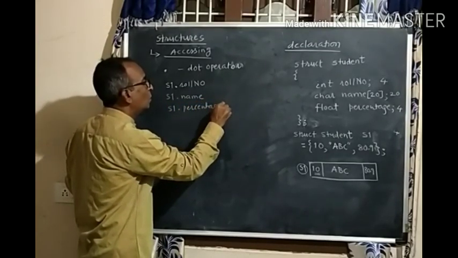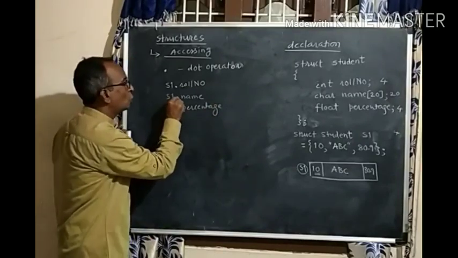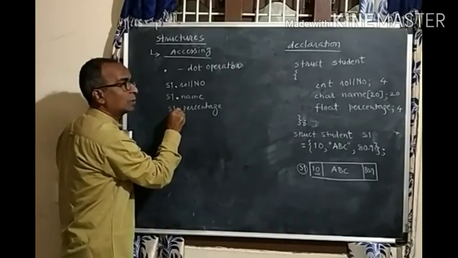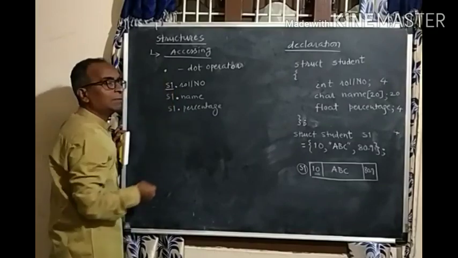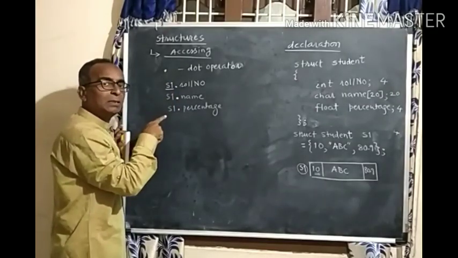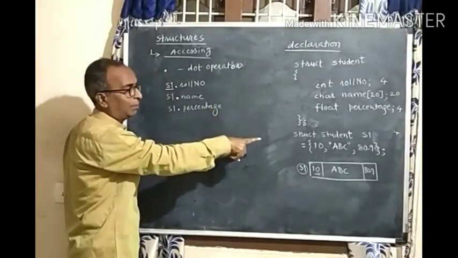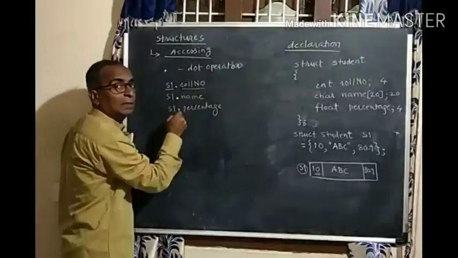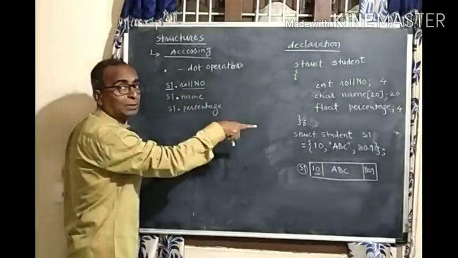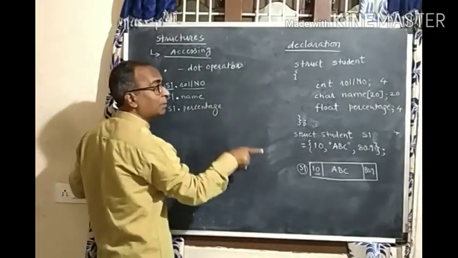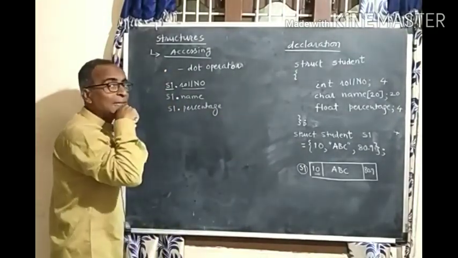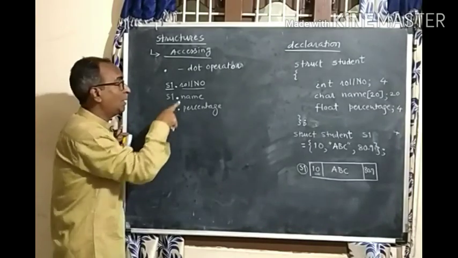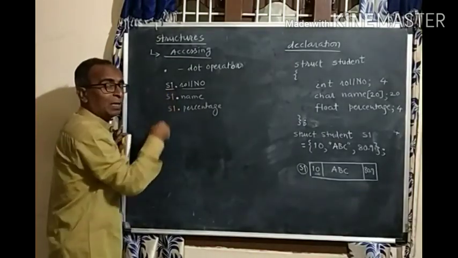This way it will go on. So this dot operator is used. What is the type of this S1? S1 is of the structure type you have created. And this is a member of a structure. So for accessing any member of a structure, we have to use the dot operator.